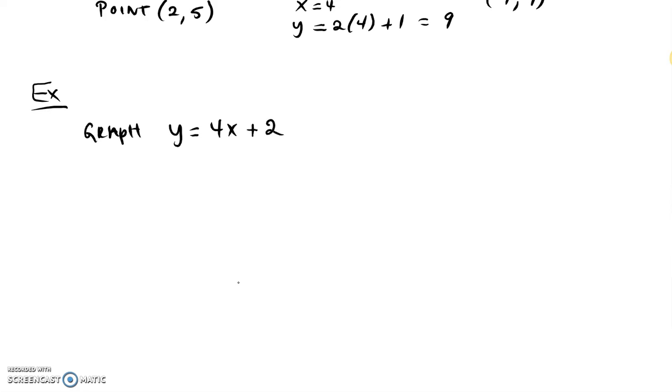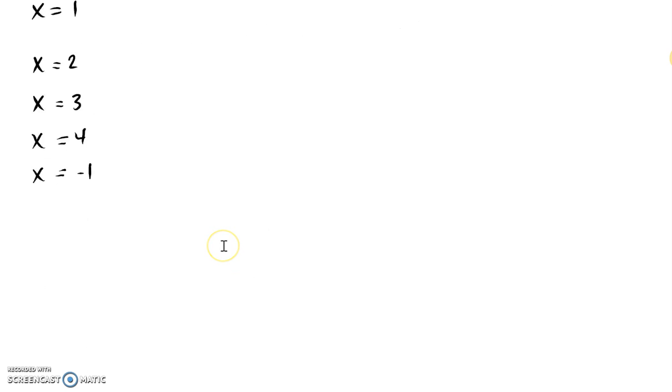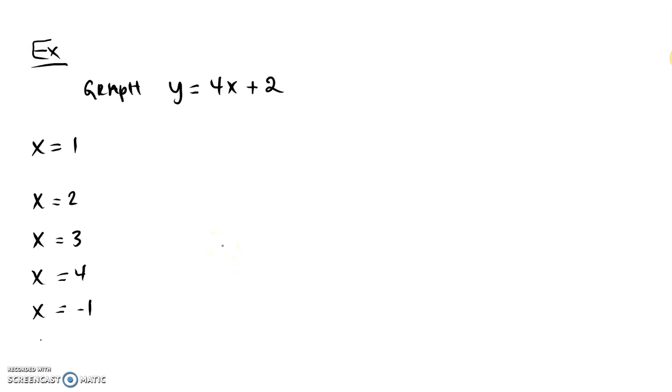Just like in the example above, we'll pick arbitrary x values. So let's say x equals 1, x equals 2, x equals 3, x equals 4. Let's throw in some negative numbers in there. x equals -1, and x equals -3.